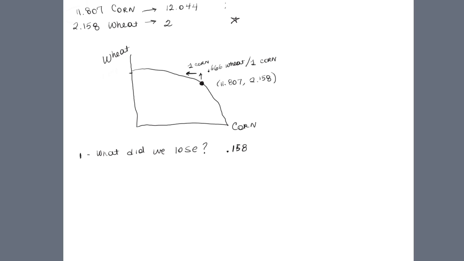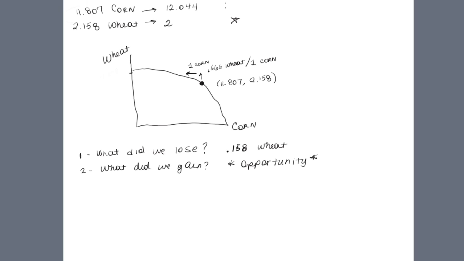And then we can ask, what did we gain? Okay, and this again is from the opportunity cost. Let's pretend we don't know how much our economist ramped up production in corn. Let's just ask ourselves, okay, well, if we wanted to stay on the production possibility frontier, where would we have to be? So the opportunity cost tells us that every time we lose 0.666 billion bushels of wheat, we gain 1 corn.